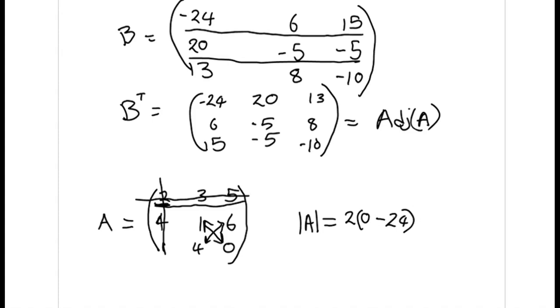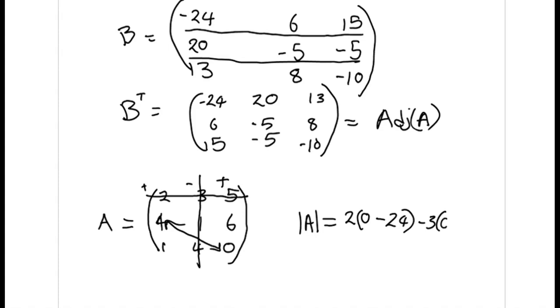Remember the signs each of these elements take: plus, minus, plus. So the next will be minus 3, and I'm deleting the elements in the same row and the same column. So I have 4 times 0. 4 times 0 is 0, and then 6 times 1, that's 6.